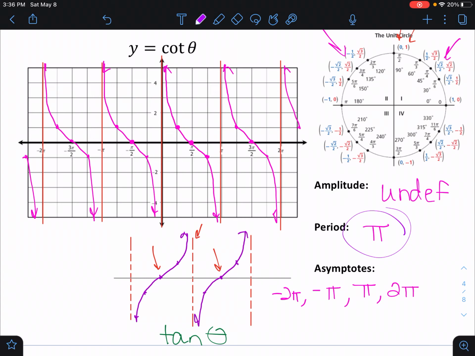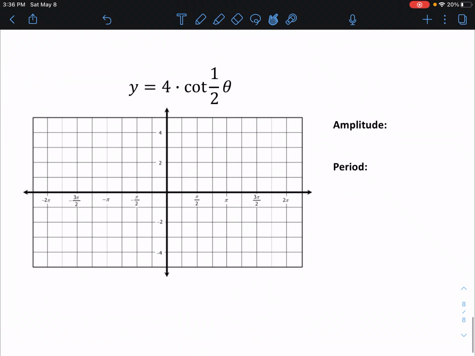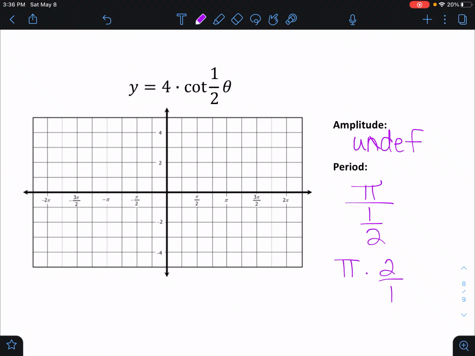So that makes it easier to kind of figure out where it's going. So let's get to it. All right, so cotangent. My amplitude, again, is undefined. My period here would be pi divided by 1/2, also known as pi times 2/1, so 2 pi.